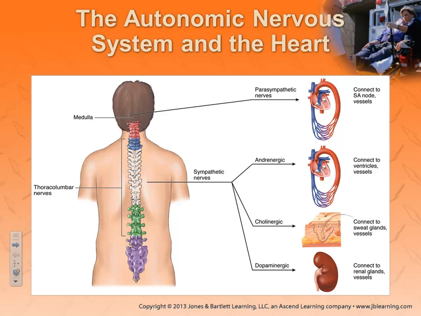What medication would you give that is an anticholinergic? Atropine. Atropine is an anticholinergic. And then this dopaminergic is going to have some regulation with the renal glands and the kidneys and things like that.